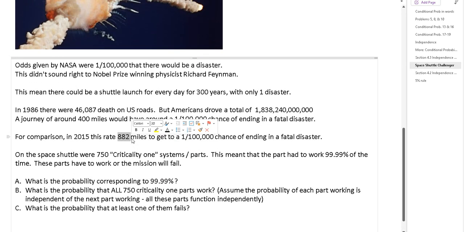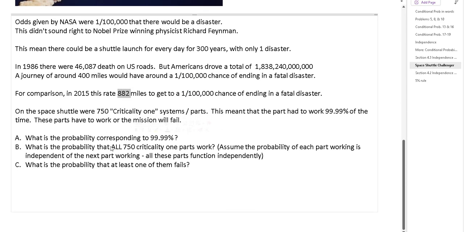Now, I remember at the time, there was an article in the New York Times talking about how the shuttle was dependent on these so-called criticality 1 parts. A criticality 1 part had to work with a probability of 99.99%. So, wow.